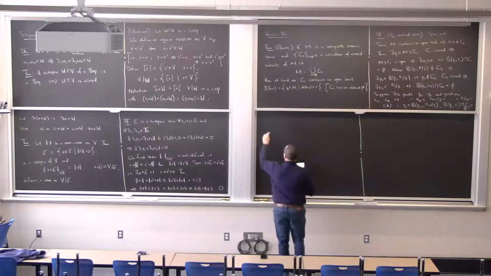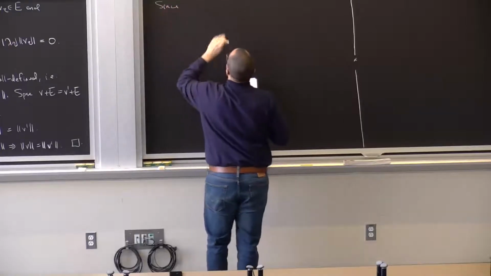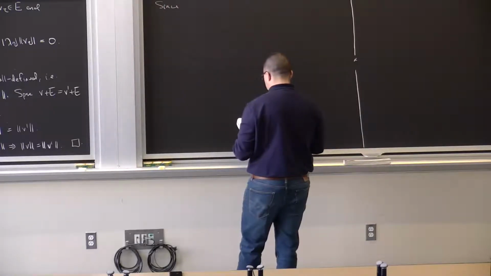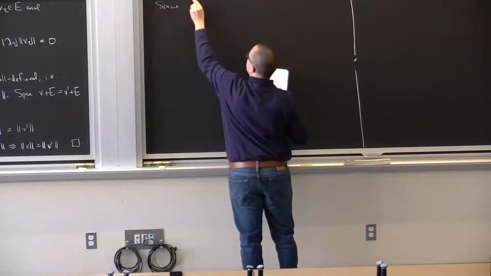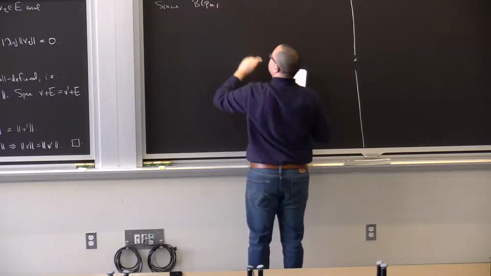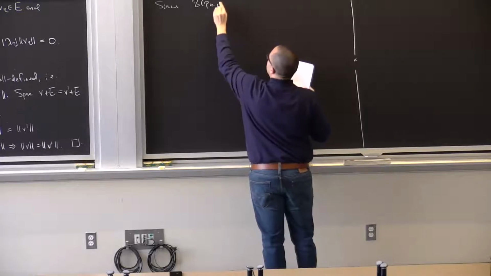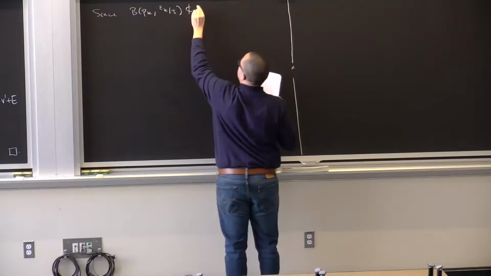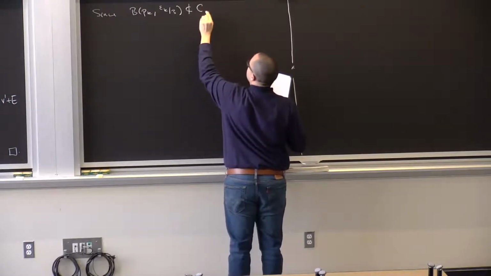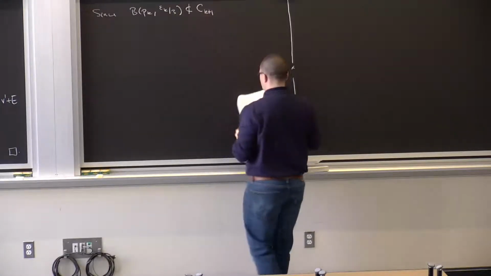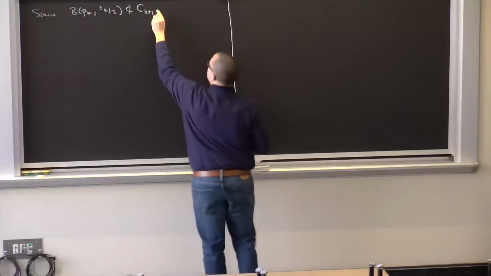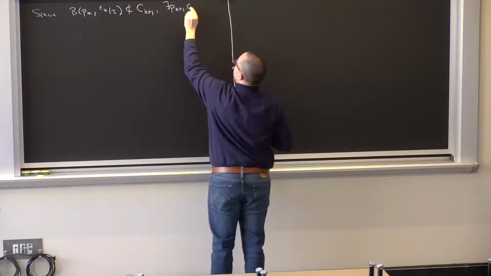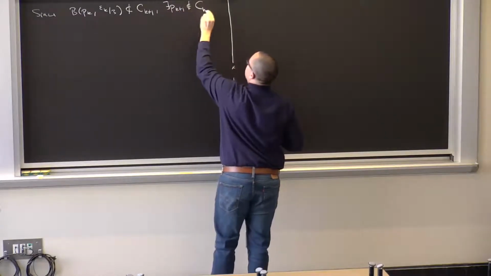So now again, M is the union of all these closed sets, none of which contain an open ball. So since the ball of radius epsilon k over 3 is not contained in C k plus 1, there exists an element P k plus 1 not in C k plus 1.